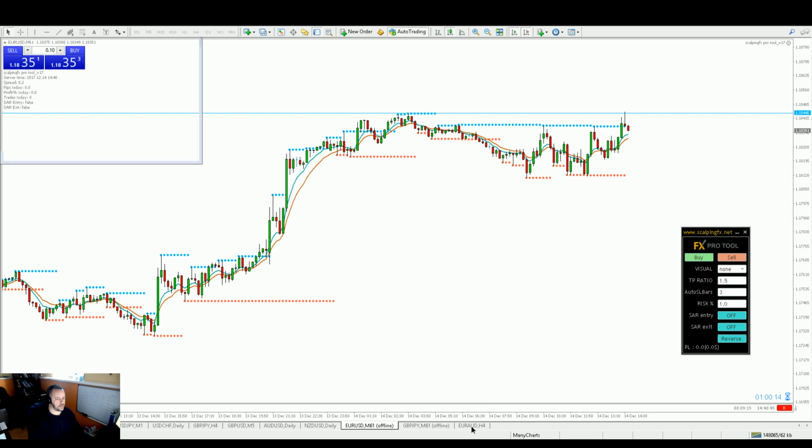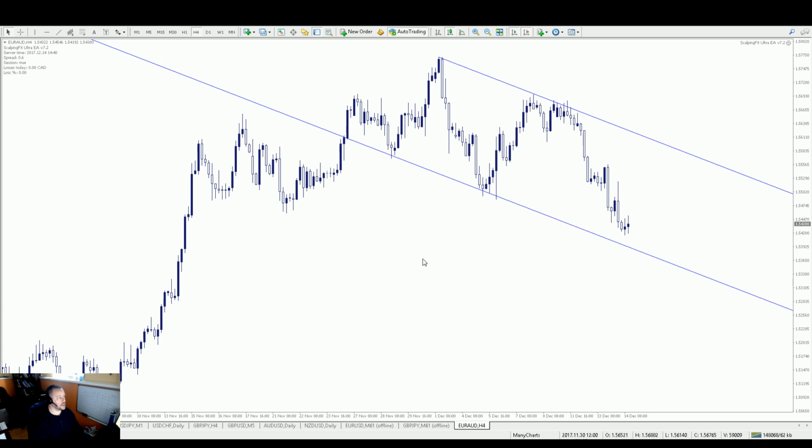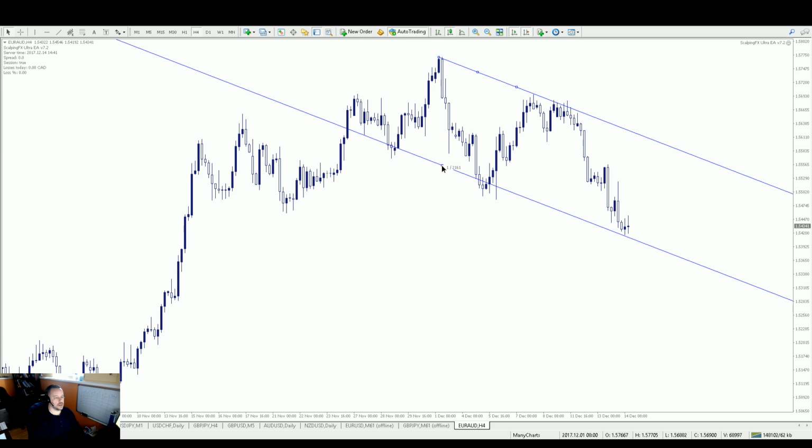Another chart that interests me is the Euro AUD H4. As you can see, we have a down sloping channel, and that would be a great opportunity. I can even tighten this up a little bit.